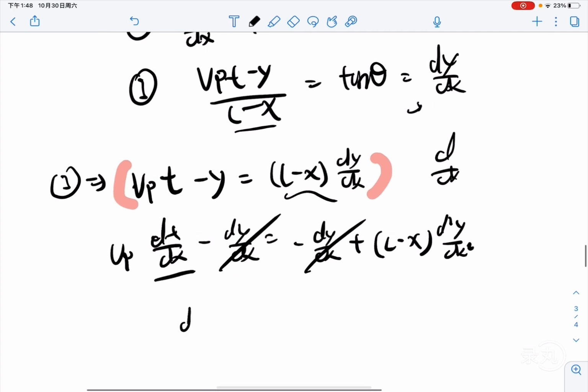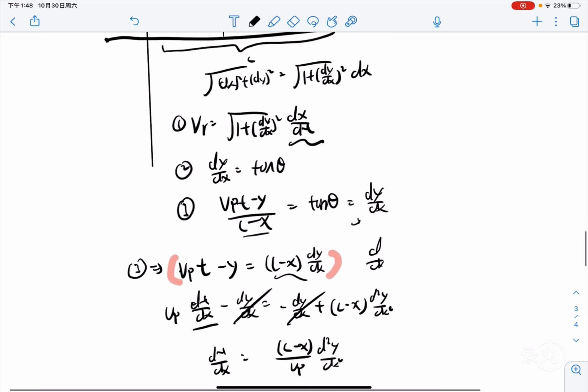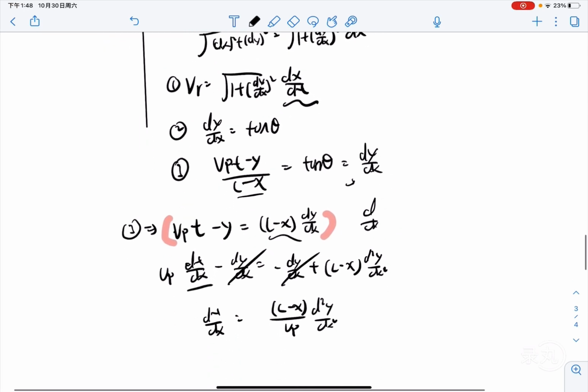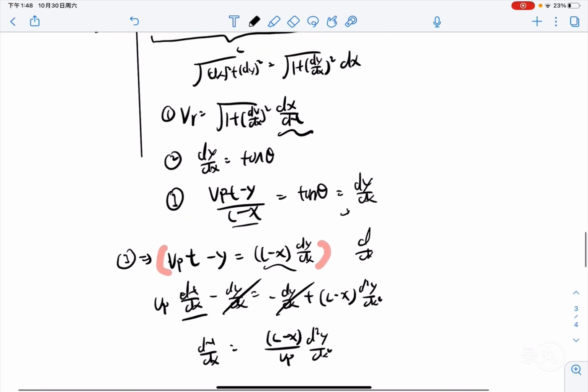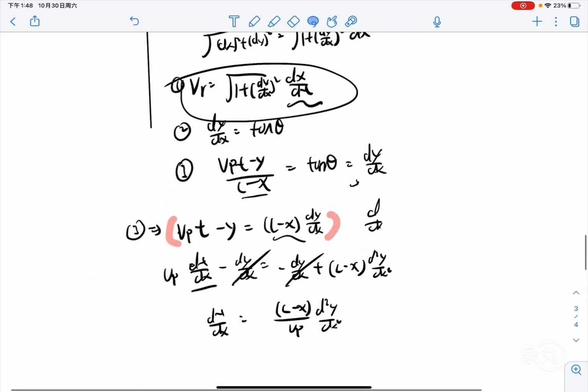So we got dt/dx is equal to (L minus x) divided by v person times d²y/dx², the second derivative. So now we plug into equation 1.